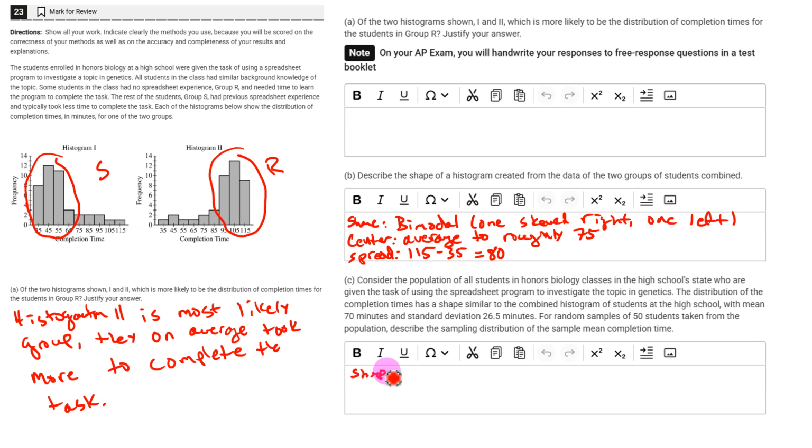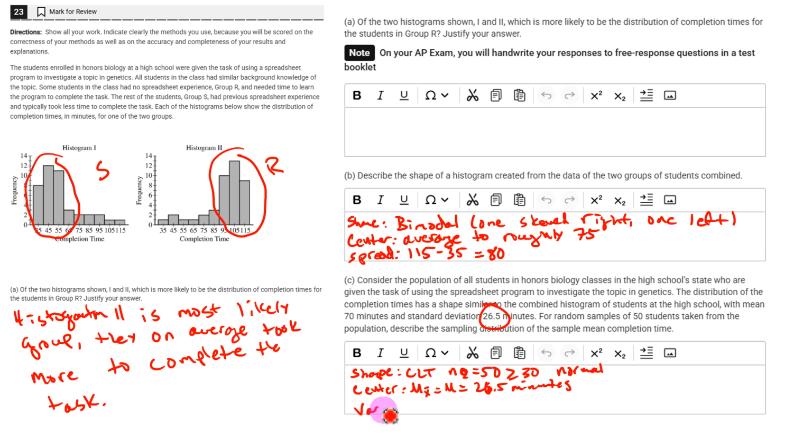So our shape, by the central limit theorem, is if n, in this case 50, is greater than or equal to 30, then the sampling distribution will be a normal distribution. Our center, we wouldn't have to worry about outliers, is going to be mu of x bar equals mu, which equals 26.5 minutes.